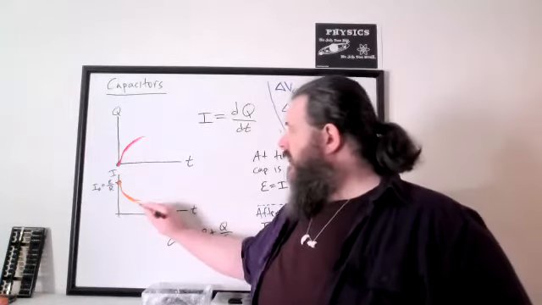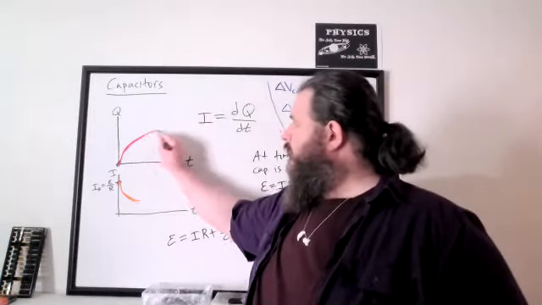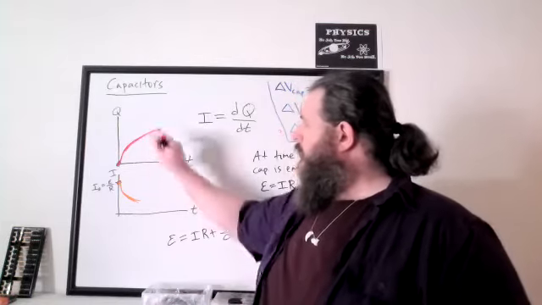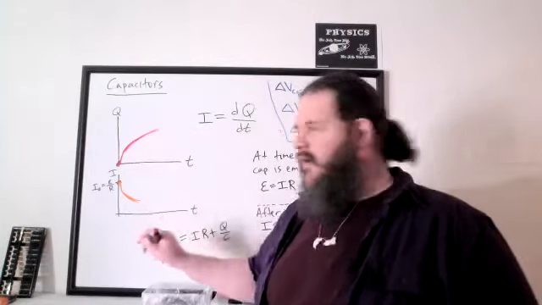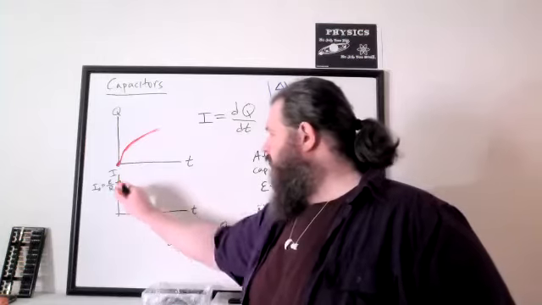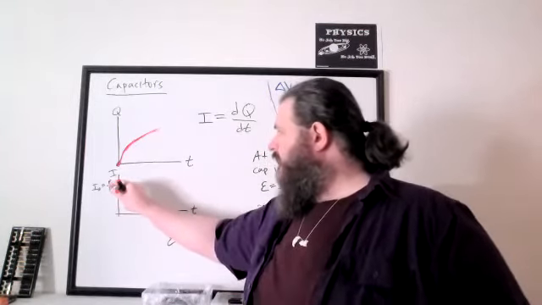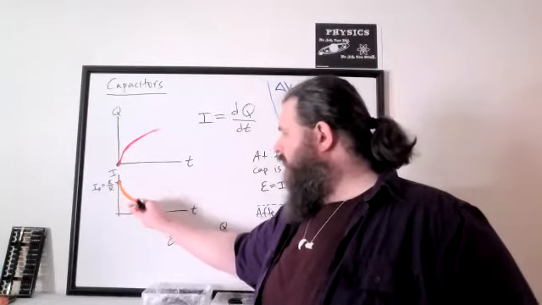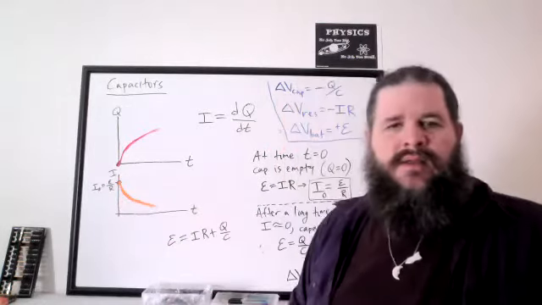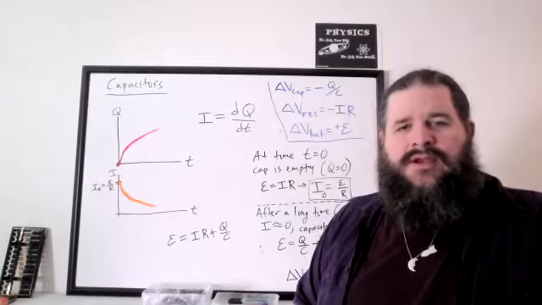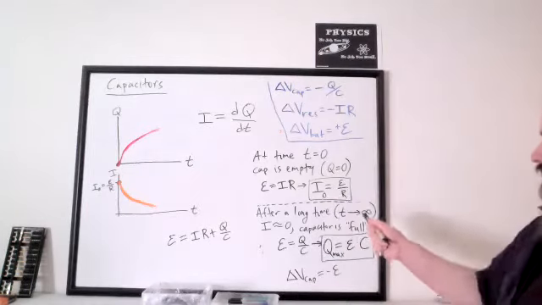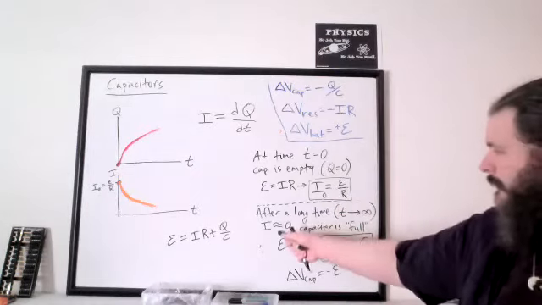We now have even less current, so charge is going to be changing even more slowly. A very slow increase in charge means a very slow decrease in current. And so we get this pattern of starting off steeply, but then approaching slower and slower. In fact, eventually, we know current is eventually going to approach 0.